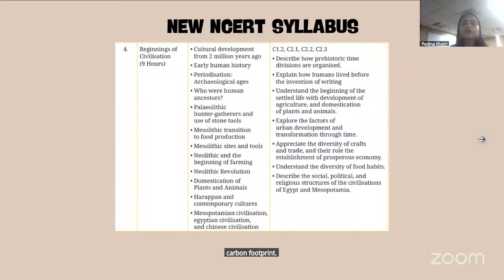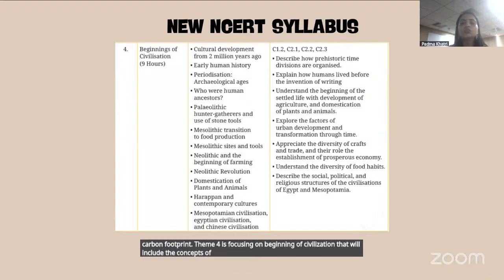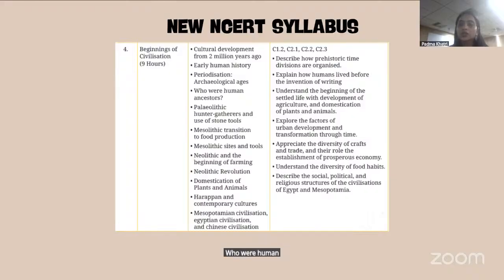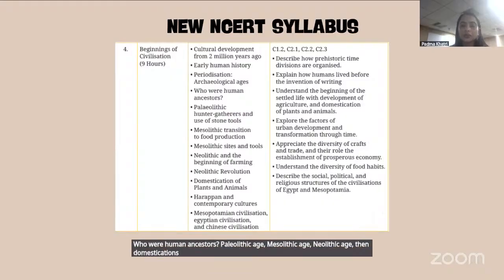Theme 4 focuses on the beginning of civilization. That will include the concepts of cultural development from 2 million years ago, early human history. Then it will focus on the prehistoric era, archaeological ages, who were human ancestors, Paleolithic age, Mesolithic age, Neolithic age, then domestication of plants and animals, then the establishment of Harappan civilization.